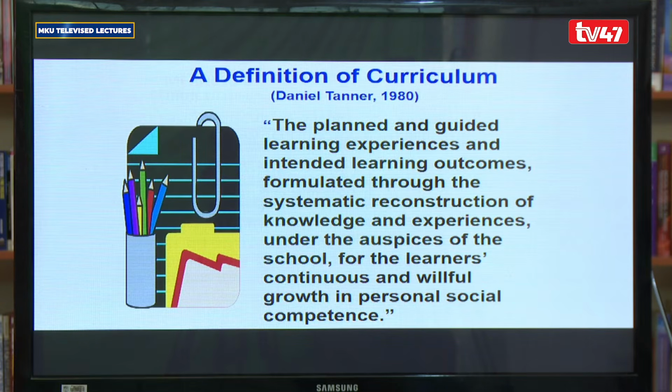Another definition that was given in 1980 by Daniel Turner states that curriculum is the planned and guided learning experiences and intended learning outcomes formulated through the systematic reconstruction of knowledge and experiences under the auspice of the school for the learners to continuously and willingly grow in their personal social competencies.